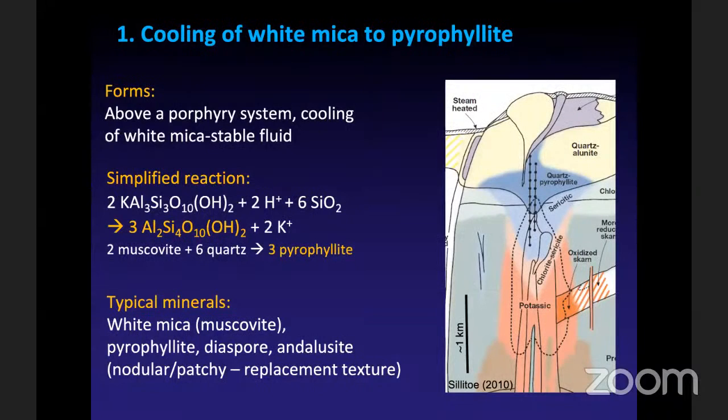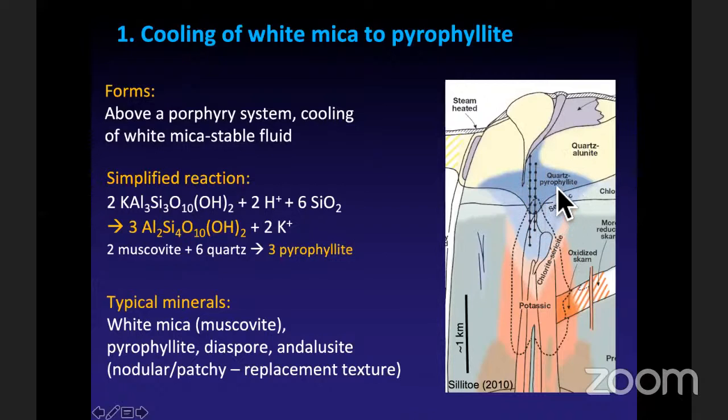So let's look at the 5 environments in more detail. First of all, the higher temperature cooling of a white mica to pyrophyllite. So above a porphyry system, there is this assemblage that Sillitoe highlights here, quartz-pyrophyllite. We have observed for many years that there is a kind of pyrophyllite-rich zone between the porphyry environment and the epithermal environment.